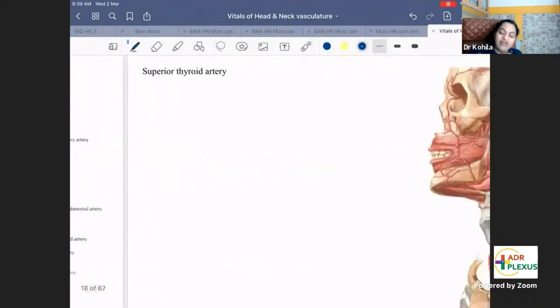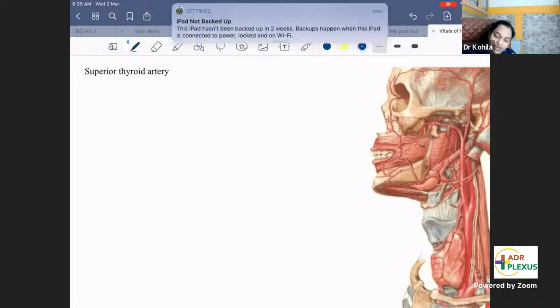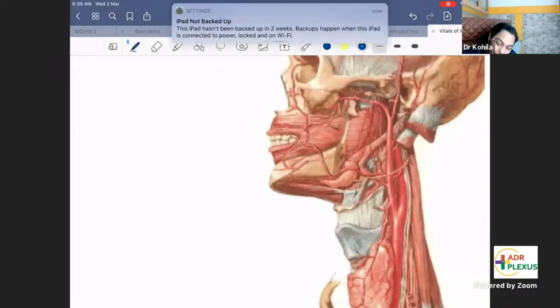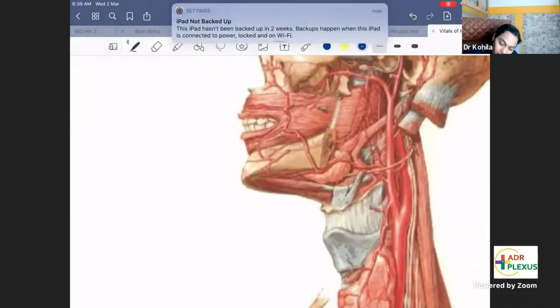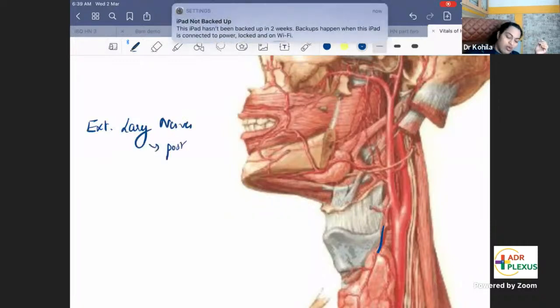Superior thyroid artery. Nerve accompanying it. What is the nerve accompanying the superior thyroid artery? You see the superior thyroid artery? On the posteromedial aspect, the external laryngeal nerve. On the posteromedial aspect, okay?